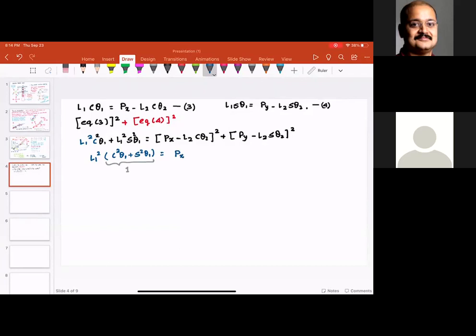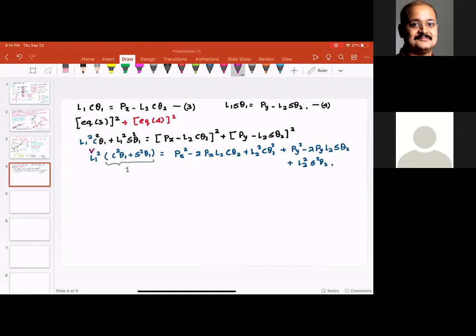So now I'm going to expand the right hand side, and this right hand side is going to look like px square minus 2 px L2 cosine theta 2 plus L2 square cosine theta 2 square plus py square minus 2 py L2 sine theta 2 plus L2 square sine theta 2 square. Now some observations.